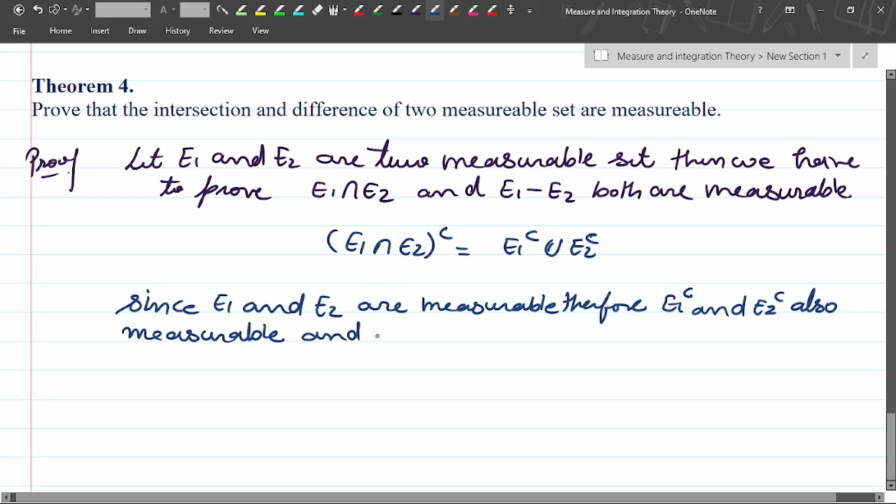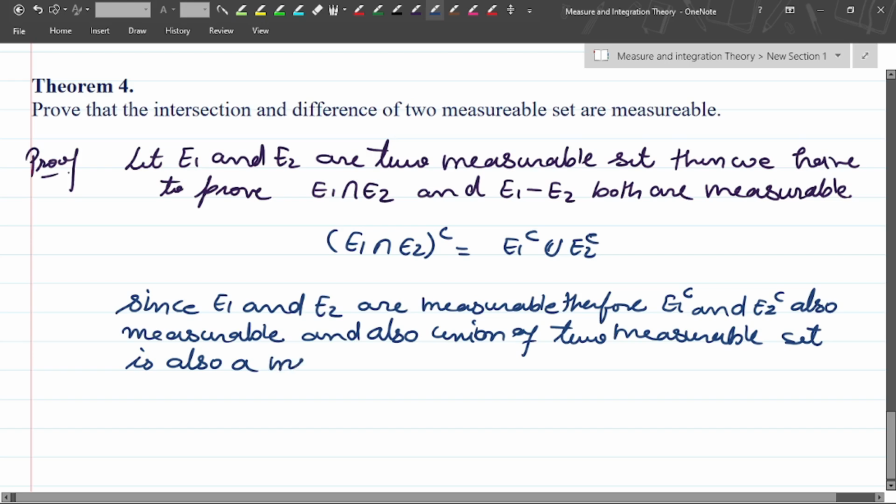And also in the previous theorem we have proved that the union of two measurable sets is also a measurable set.